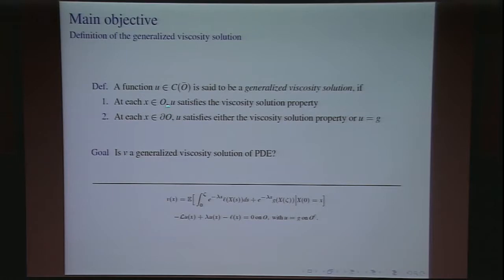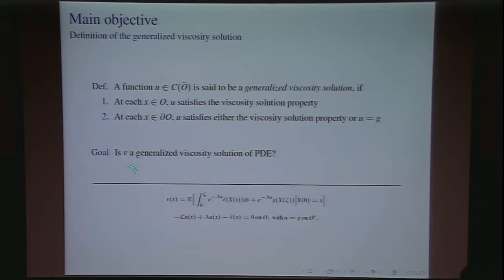The definition means, okay, the same as a strong viscosity solution, the first requirement is that the candidate function must satisfy the differential equation, in other words the viscosity solution property, inside the domain. But at the boundary point, a strong solution means you must satisfy the boundary value. But here it's relaxed a little bit. You can either satisfy the boundary value or behave like an interior point. This is what it means.